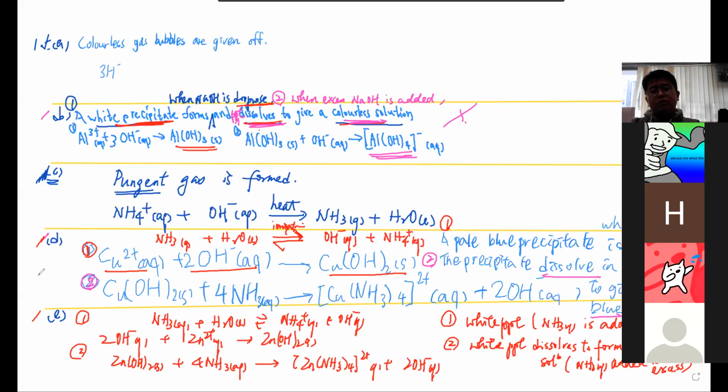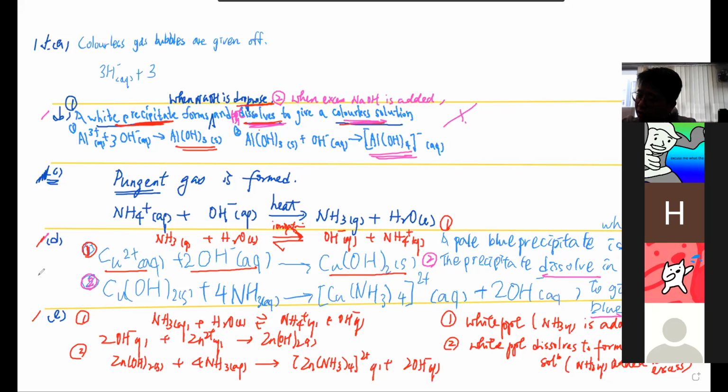Second is about the final solution, which tells you the complex when I add ammonia in excess. For copper 2, the solution is deep blue, while for zinc, the solution is colorless. Exactly, it's E part. Do you understand?